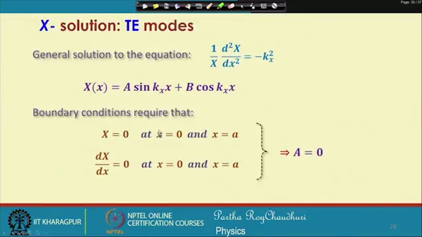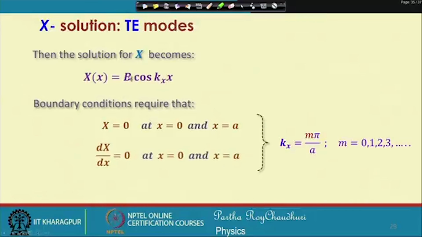If I use these conditions, then we can write A must be equal to 0, and if I use the second condition, the solution becomes this. Using the second boundary condition, we can again write that k x must be equal to m pi by a.